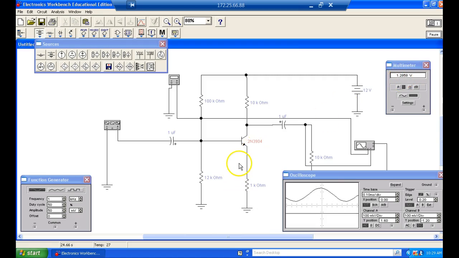Ooh. What's it supposed to be? It's supposed to be 1.3, right? Let's see what's going on right here.